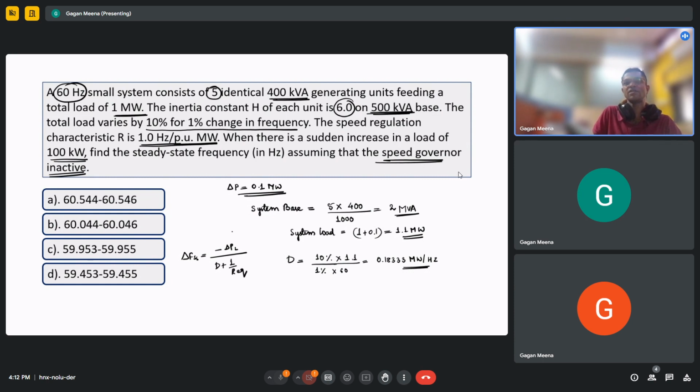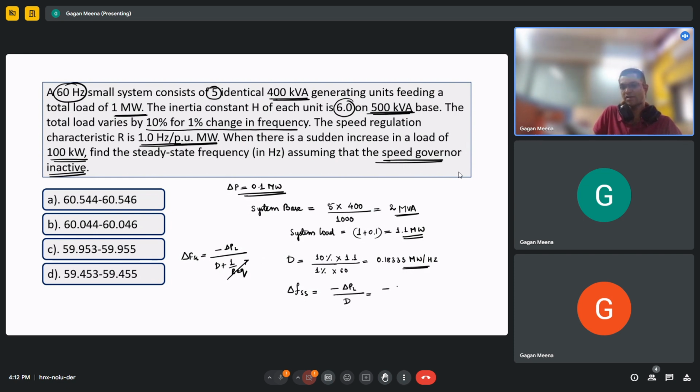This is an isolated small system with 5 generators. REQ is not there here because there is no speed governor. So it is only D, so it is minus delta PL divided by D itself. So this is a very simple question. So the steady state frequency error is equal to minus delta PL divided by D.